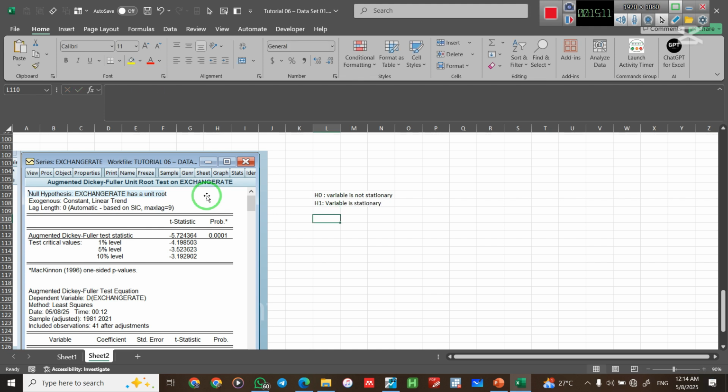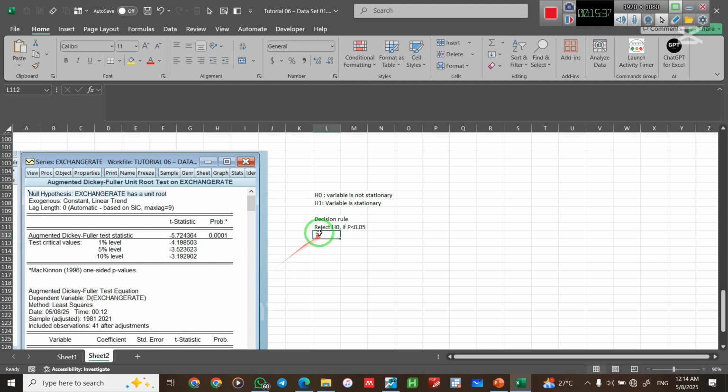So our general condition for accepting the null hypothesis or the alternative hypothesis, the decision we take, is based on the probability value. So our decision rule is: reject H naught if the p-value is less than 0.05.